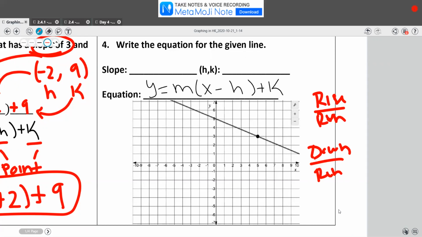Well, I have to find 2 points. I see 1 point right there, and I see 1 point right there. How do I get from this point to that point? Well, from here, I have to go down 2, right? And then I have to run 1, 2, 3, 4, 5. Which means that my slope is going to be -2/5.